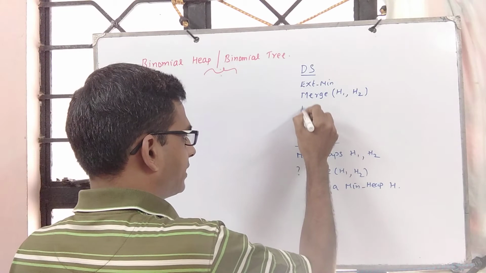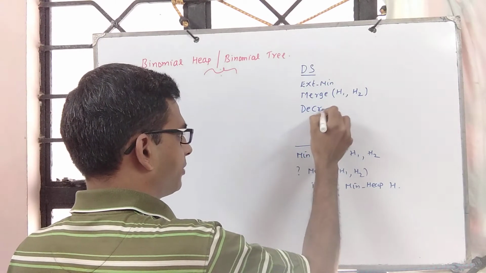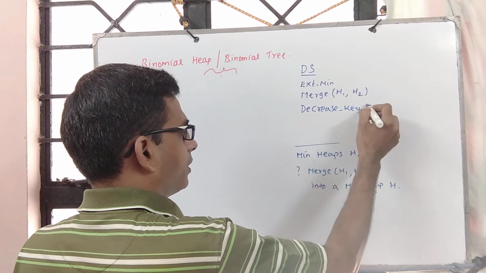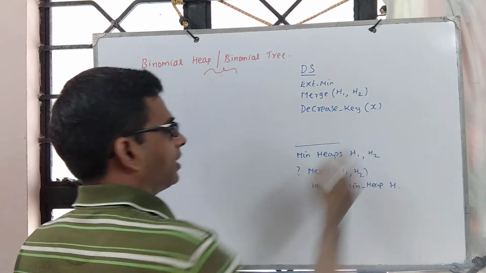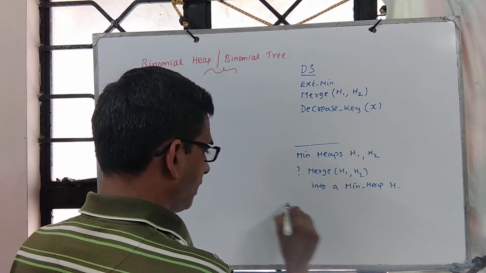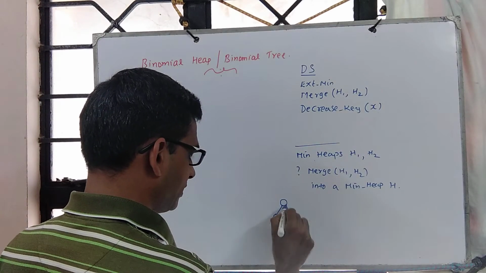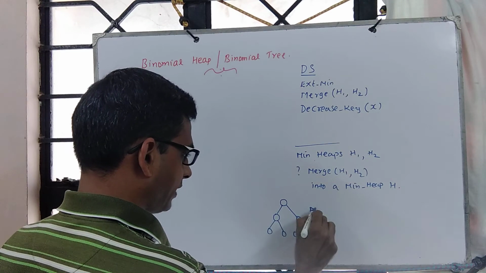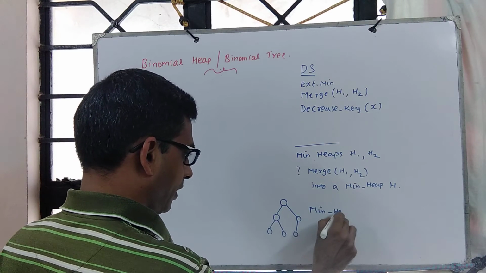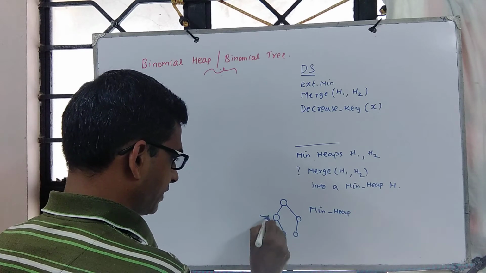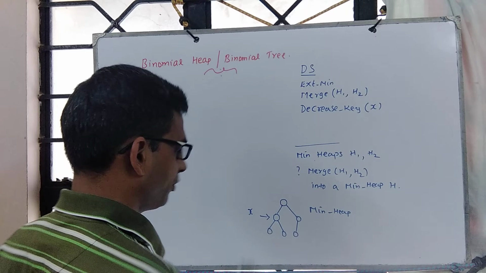Then we are also interested in other questions like something called decrease key. Meaning, again, so you are given, say, heap. Let's assume it is a, say, min heap, and there is a pointer pointing to some node. Let that pointer be x.